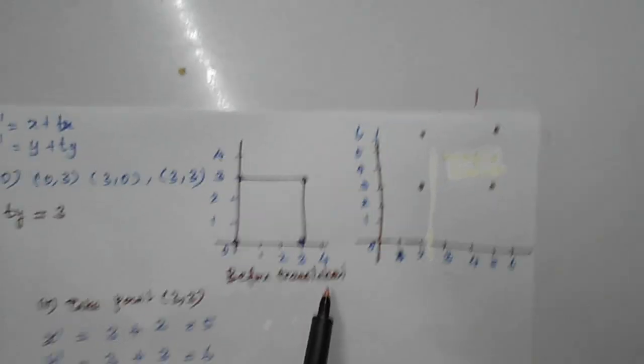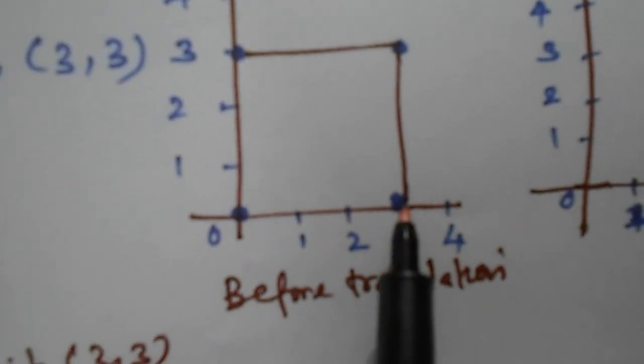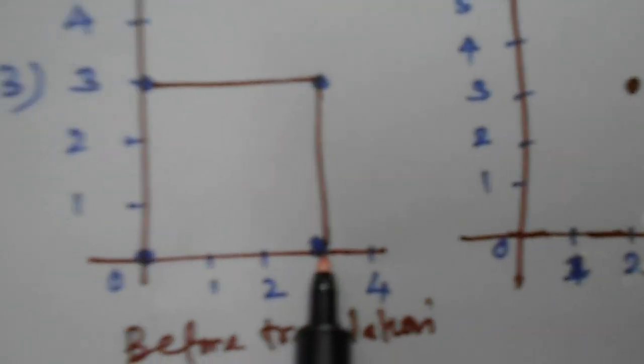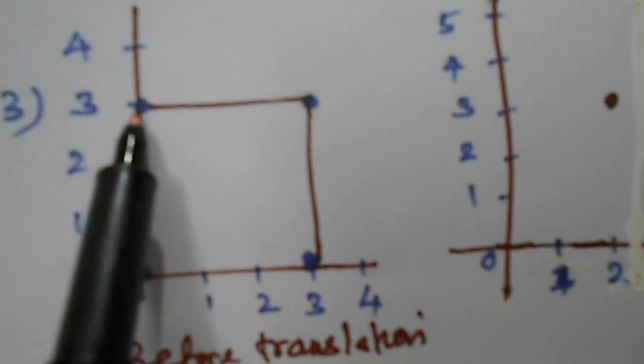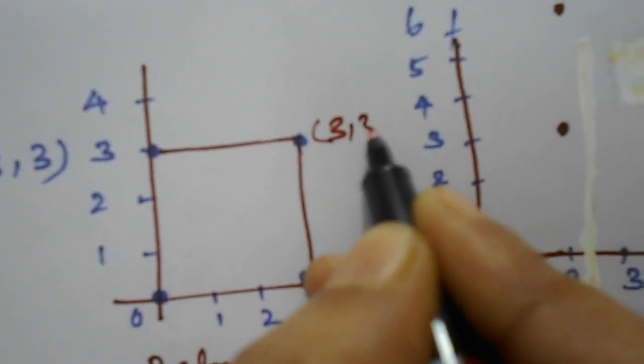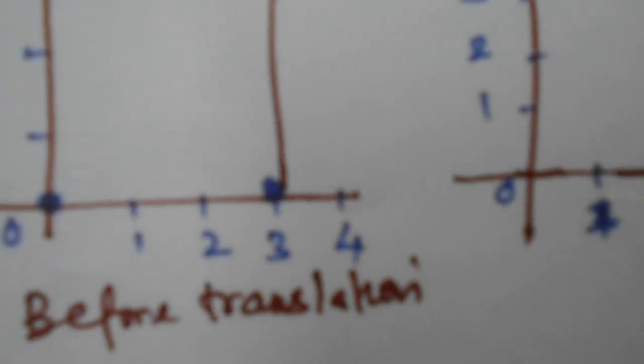See this figure. Before the translation, we have drawn a square. There we have given 4 coordinates: 0, 0; 3, 0; 0, 3; and 3, 3. This is the graph we have taken as an example.